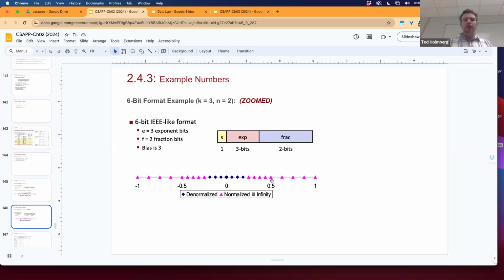And then notice how the spacing is kind of evenly distributed all the way from minus 0.5 to 0.5, and then it starts to elongate, and it'll continue to elongate as you keep stepping further and further from your zero encoding.